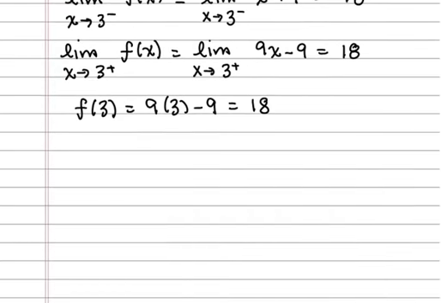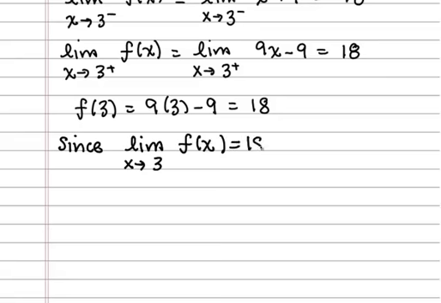Hence, by the limit definition of continuity, since the limit as x approaches 3, coming from both sides, exists, and in this case is equal to 18, and since the height exists at x equals 3, and that is also 18, therefore our function will be continuous.